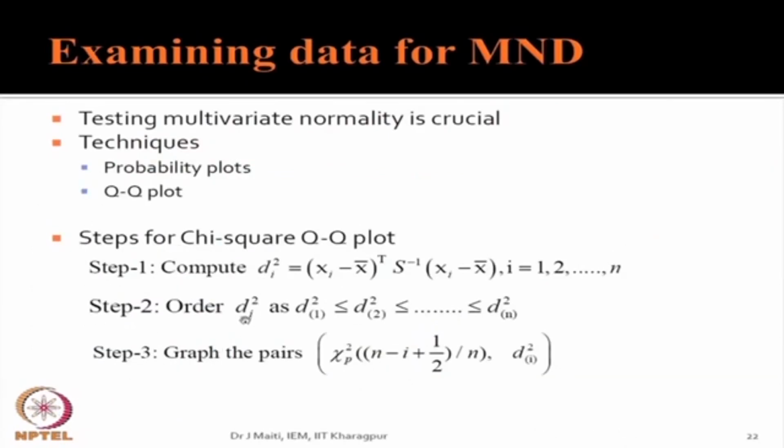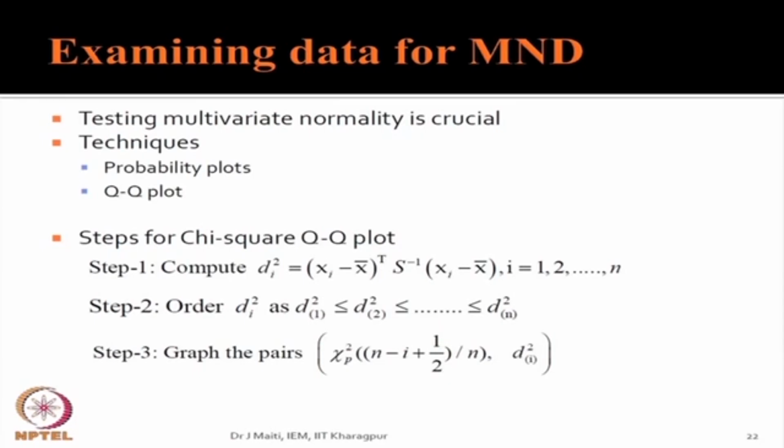The second step is to order, because you want to find the quantile values. So, you order in ascending order. The third step is to find the chi-square quantile value. What is this? Chi-square p, n minus i plus half. This is the chi-square quantile value.